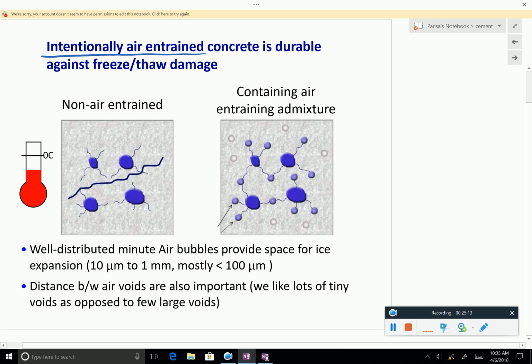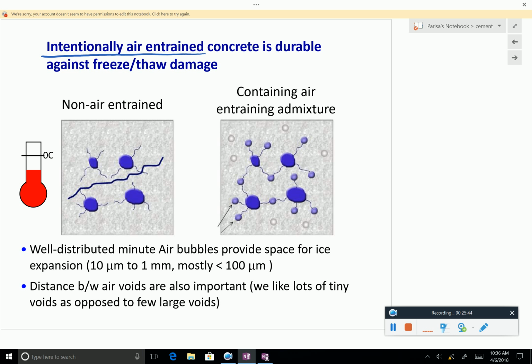So to reduce the damage due to freeze-thaw, what you do is during the mix, you add an admixture, which is called an air entraining agent. It's really like fish liquid. It creates bubbles inside the material, and then when it hardens, these are less than 100 micrometers. Think about hair size.